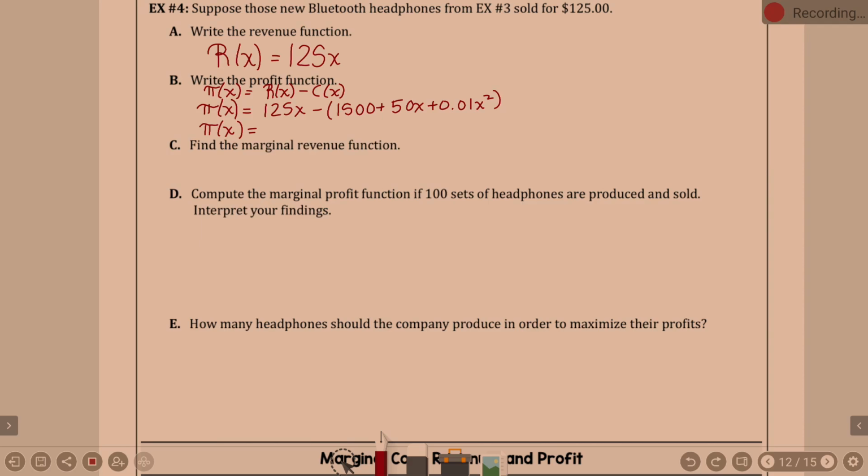And then we have the other two terms, so if I keep them in order, I'm going to say negative 1500 plus 75x minus 1/100th x squared. Boom. Okay.